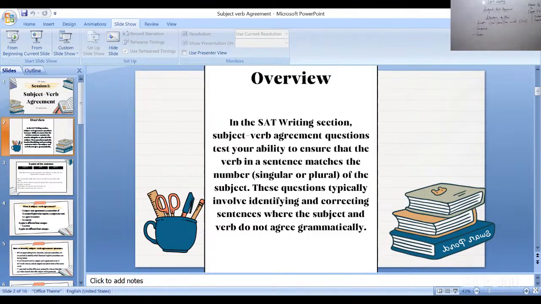Now if we are talking about compound sentence, a compound sentence is basically a combination of two independent clauses. Simple definition. A compound sentence is a combination of two independent clauses. So can you give me an example now, Ananya?